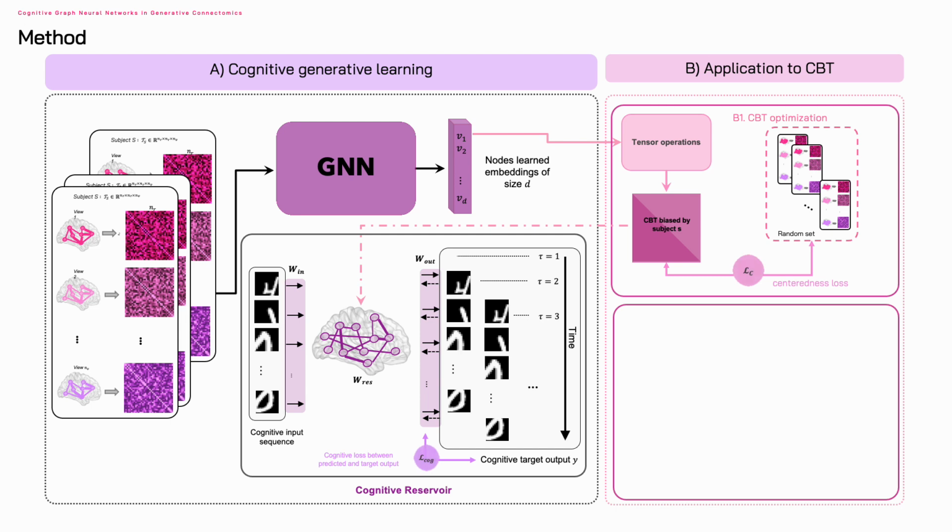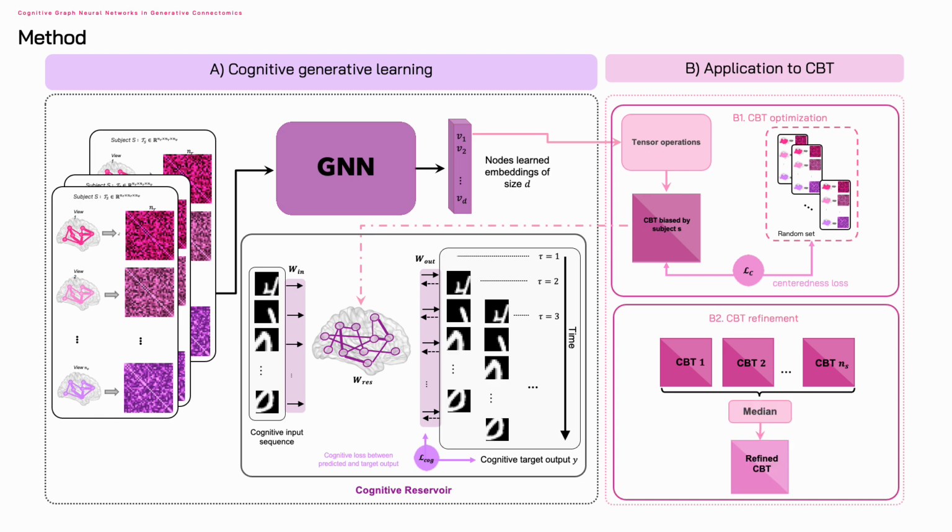Together, this dynamic feedback loop enhances both the CBT structural representativeness and its visual memory capacity. Finally, after the co-optimization, we refine the results by aggregating all subject-specific CBTs with a median operation. This produces a final population-level CBT that is symmetric and cognitively enhanced.